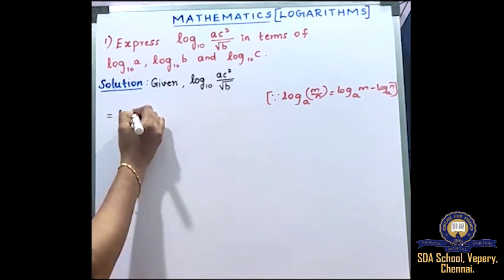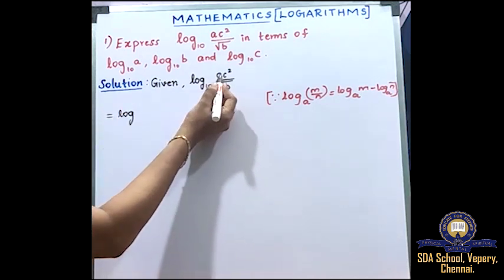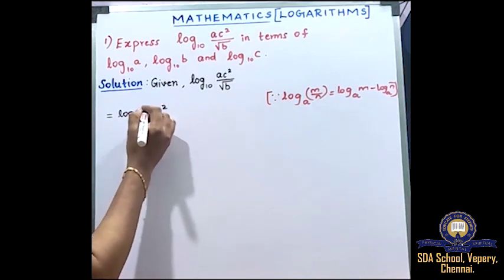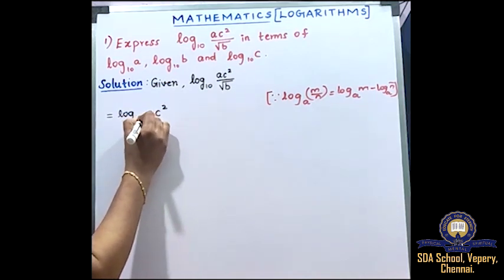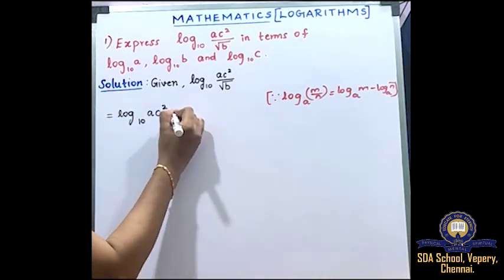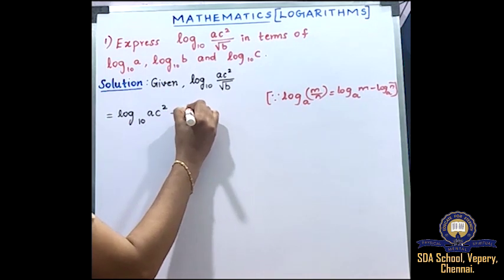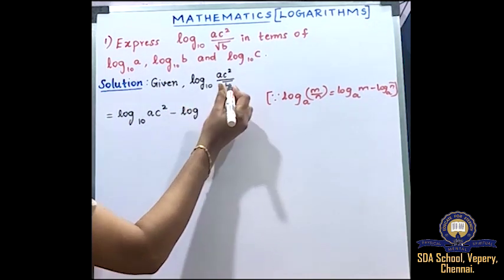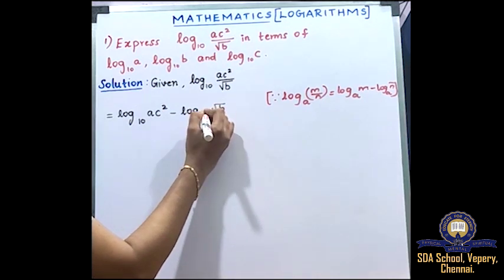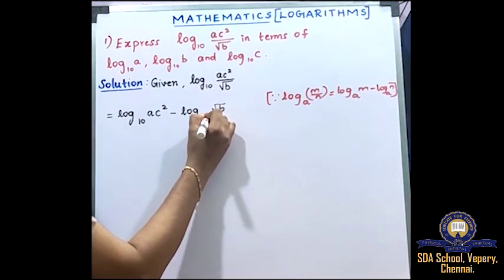Log m to the base a, here m value is ac square, right? So log ac square to the base a value is 10 here. Likewise minus log n, right? So minus log, your n value is root b. Root b to the base a value is 10.